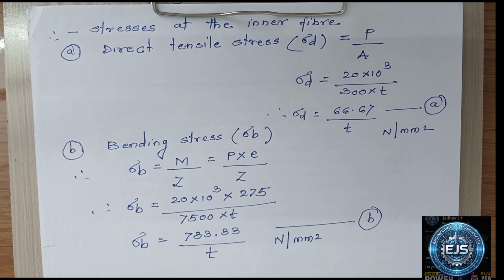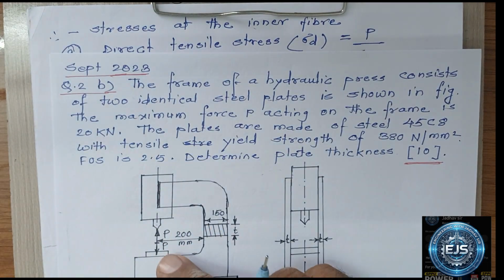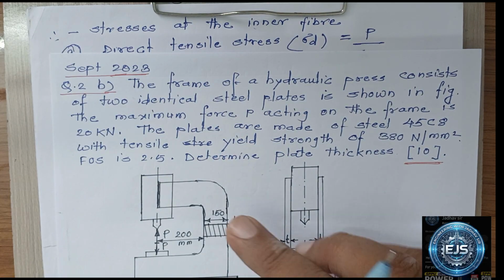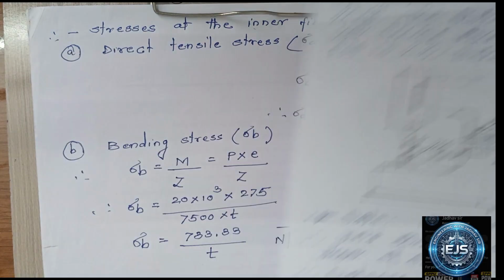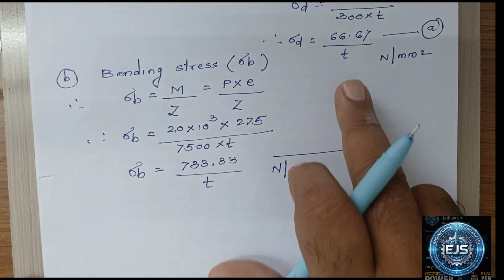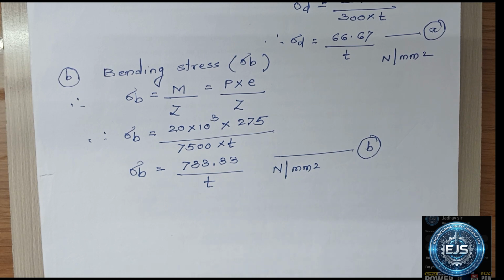At the inner section, this bending stress is of tensile nature, because we can see due to this tensile force, the inner fibers will get elongated and the outer fibers will get shortened. So there is a bending stress of tensile nature at the inner fiber, and direct stress at the inner fiber is also tensile. So both sigma d and sigma b are tensile at the inner fiber.